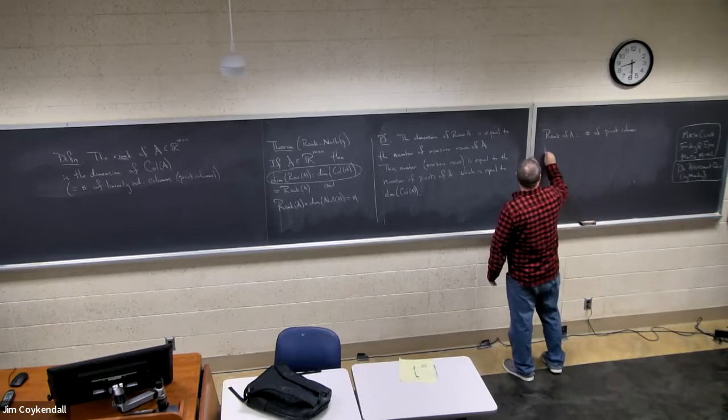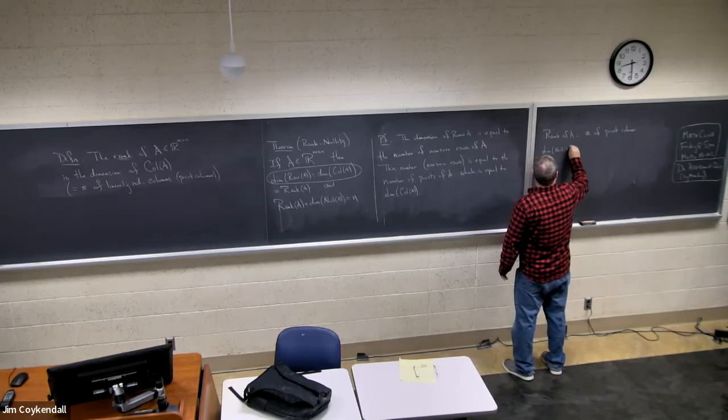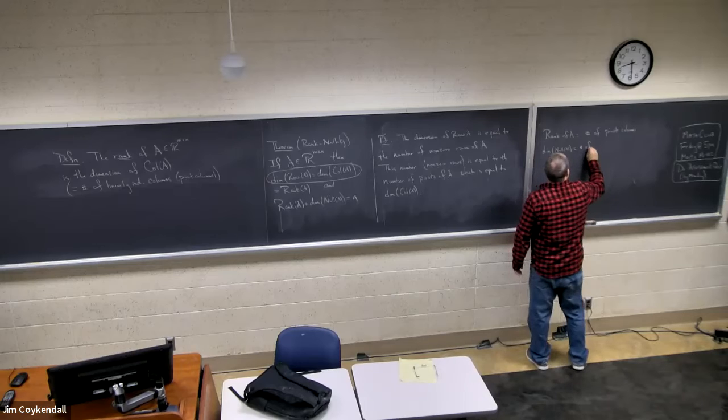The dimension of the null space of A equals the number of free variables.